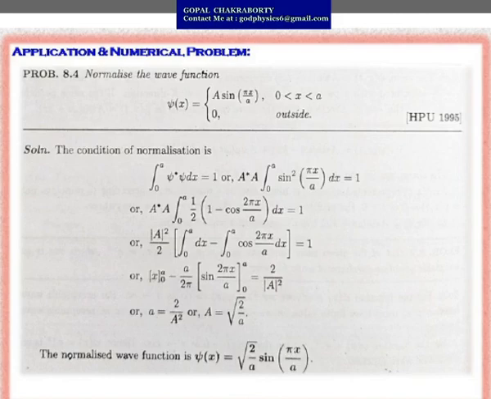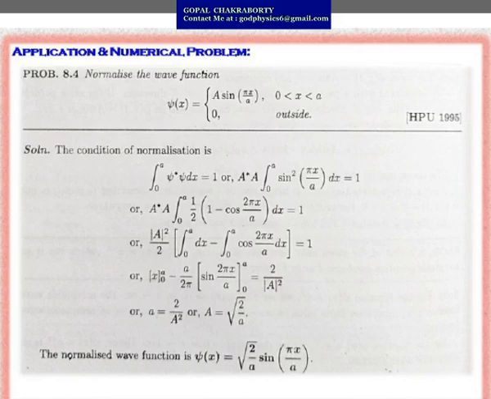So A square integration 0 to a half of 1 minus cos 2 pi x by a dx is equal to 1. So A square by 2 integration 0 to a dx minus integration 0 to a cos 2 pi x by a dx equals 1.